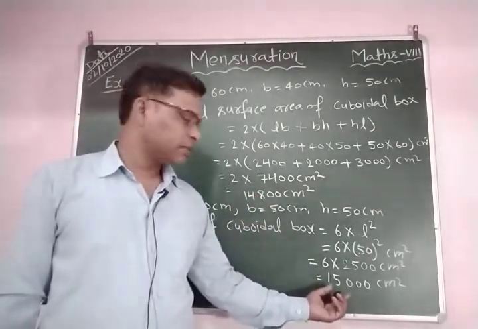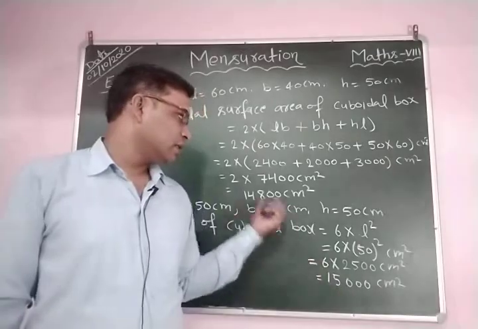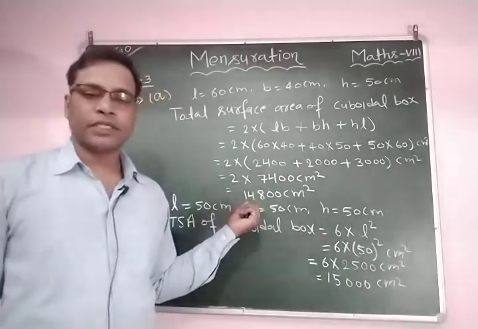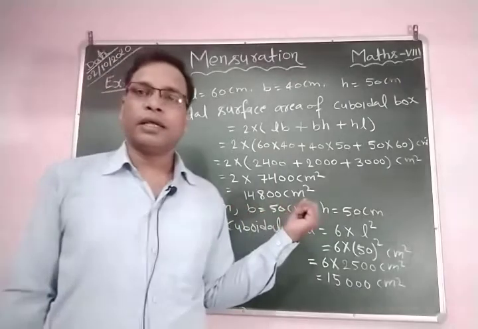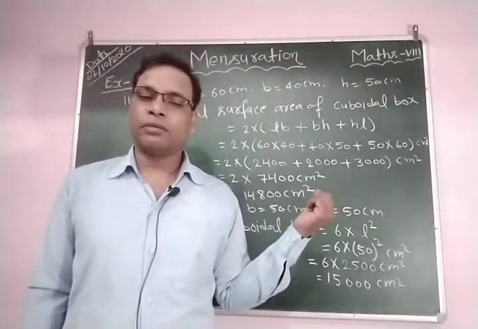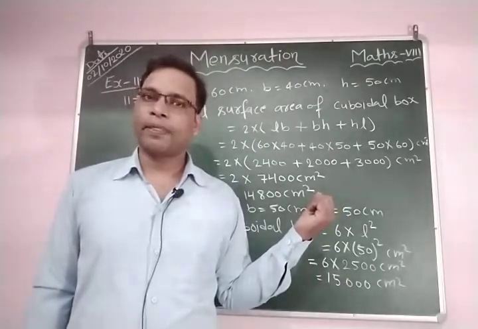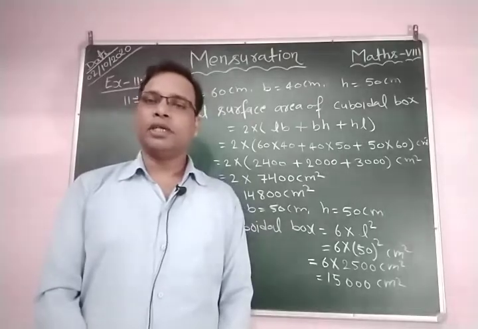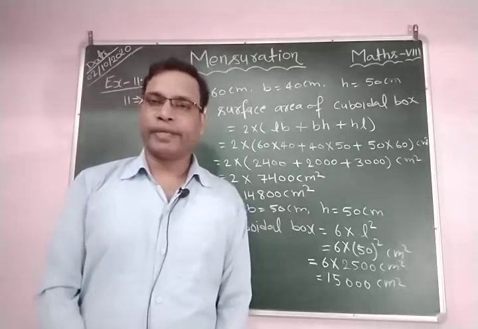So obviously you can say 15,000 is greater than 14,800. So box A requires the lesser amount of material to make.